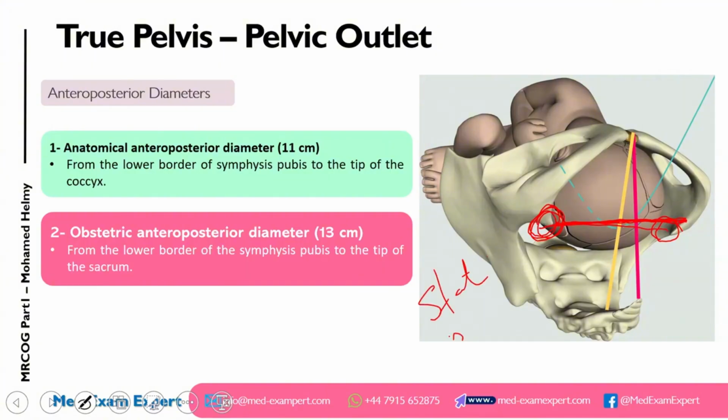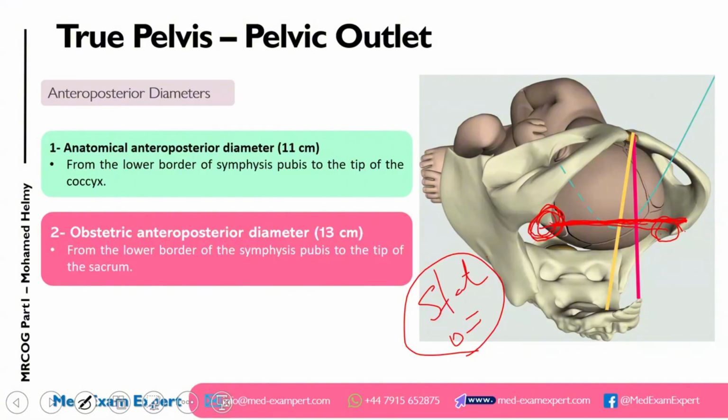But of course, this needs a detailed explanation of the process of labor. But this is called zero station, meaning that the head is at the level of the ischial spine. If you feel that the head is engaged at this part, it means that the delivery can progress smoothly in most cases.